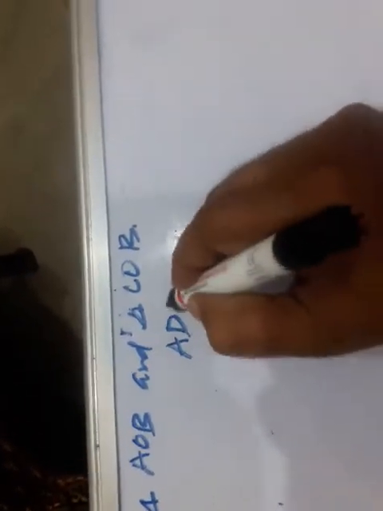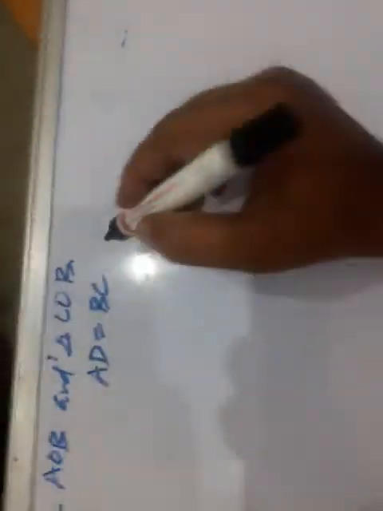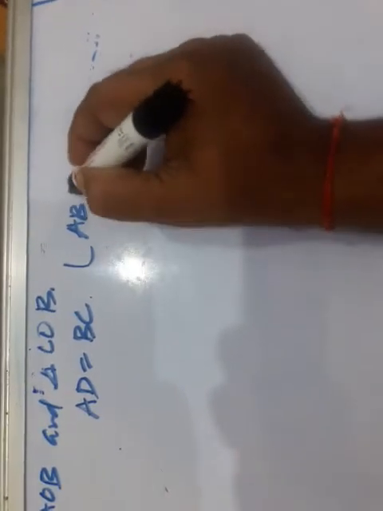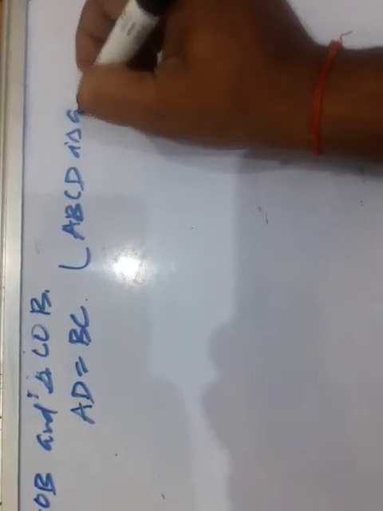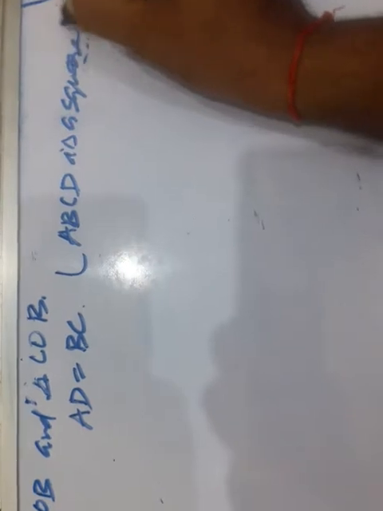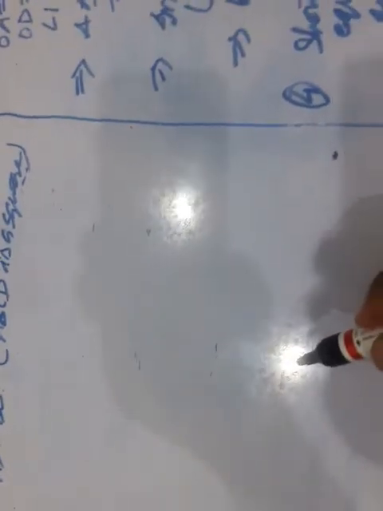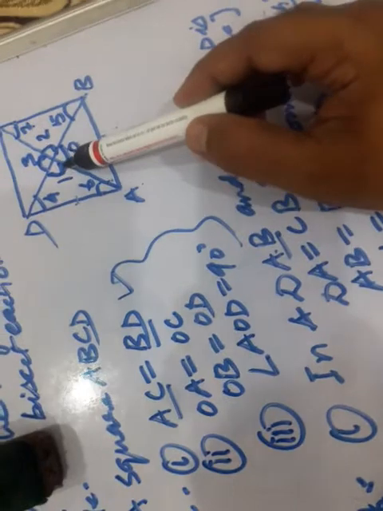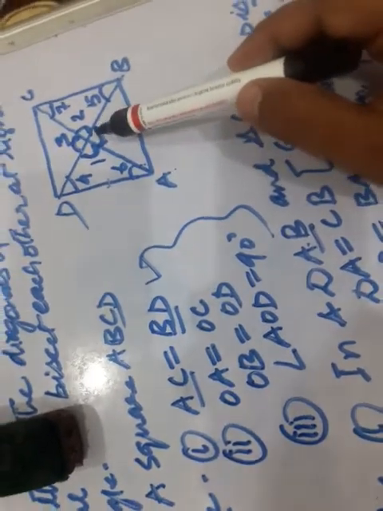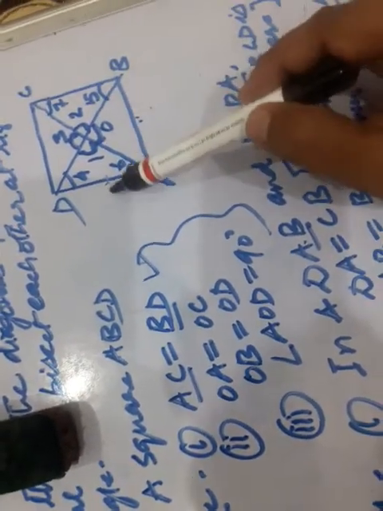Why AD equal to BC? ABCD is a square. Okay children, what else is there? That is angle 4. Next one is this angle and this angle, see the figure, we are talking about.